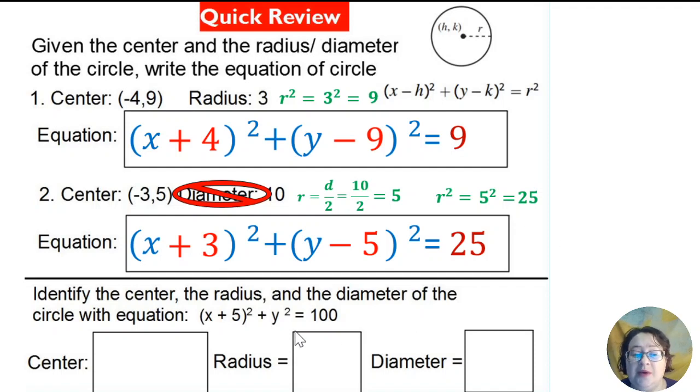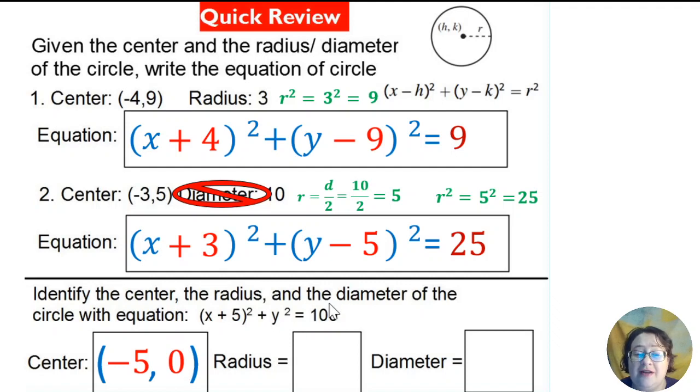Now, to take the equation and find the center, radius, and diameter, for the center, we're doing the same thing backwards. Either in or out of the equation, you're changing the sign. So beside x, I have a positive 5, which means that my x value in the center is going to be a negative 5. Here, I've got nothing beside y. Nothing is 0, so that's going to be my y value.